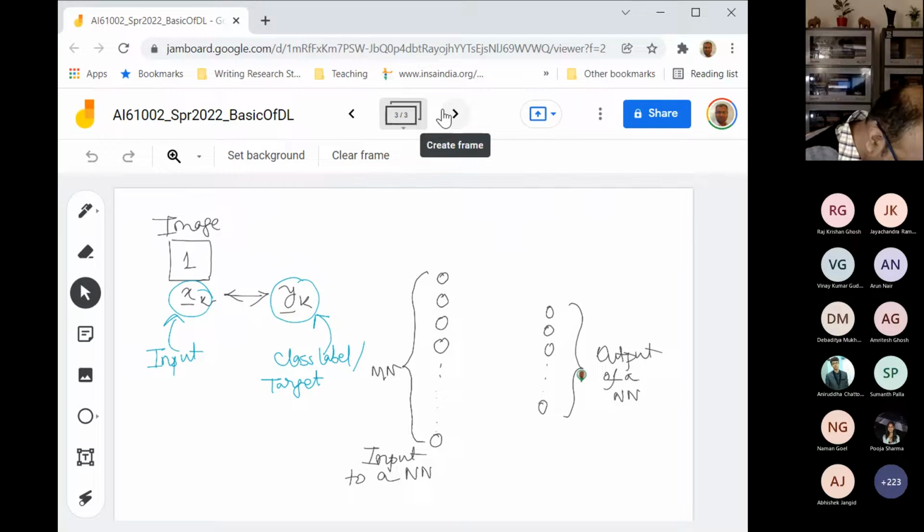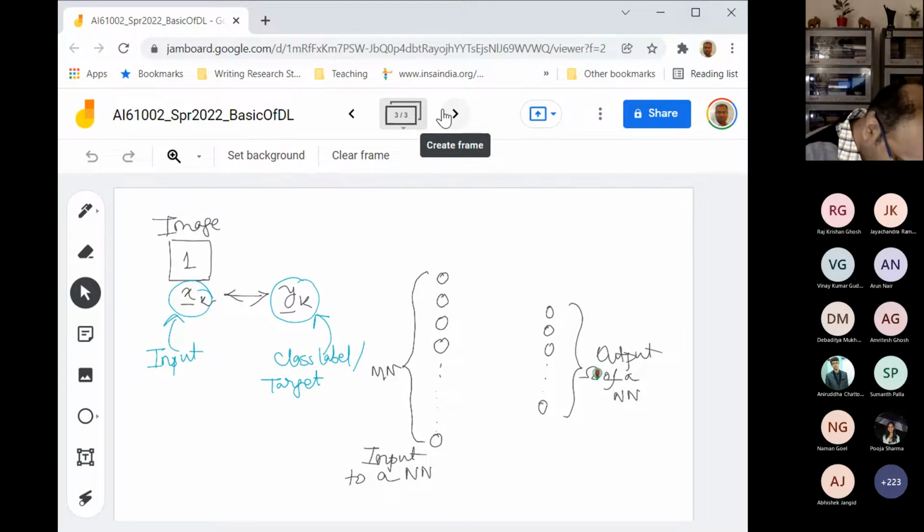Or in simple terms, instead of writing it as 10 number of classes, let me denote this as capital omega.